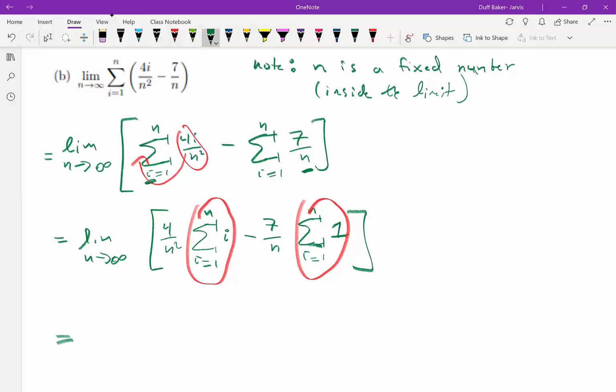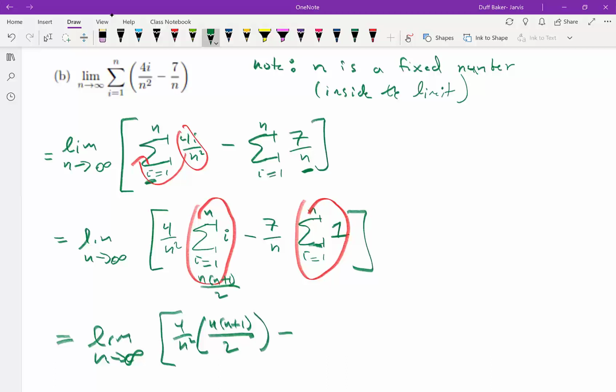So let's do that. So this would be the limit as n goes to infinity. The 4 over n squared is still there. Then this became whatever's on top times whatever's on top plus 1 over 2. So this one gets replaced with that, n plus 1 over 2. And then in the second one, it's just adding up the number 1 n times. So that'll just be 1 times n.